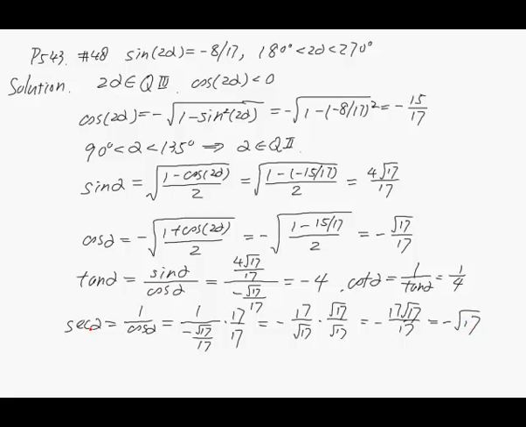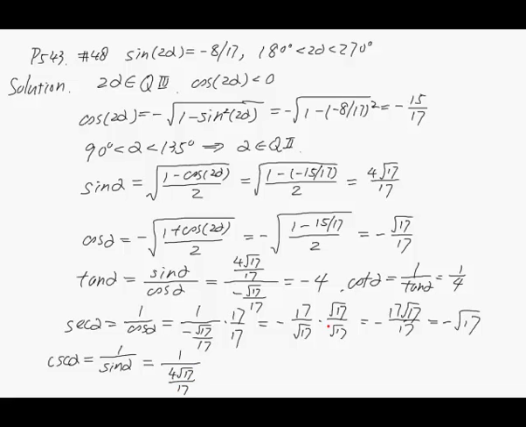Now let's look at the cosecant, which is equal to 1 over sine alpha. So this guy is equal to 1 over sine alpha, which is 4 times root of 17 over 17.